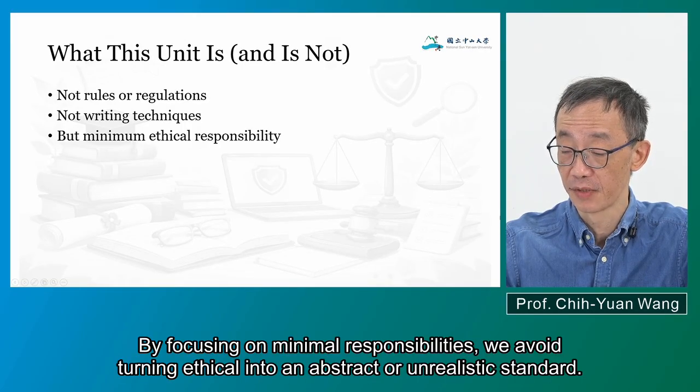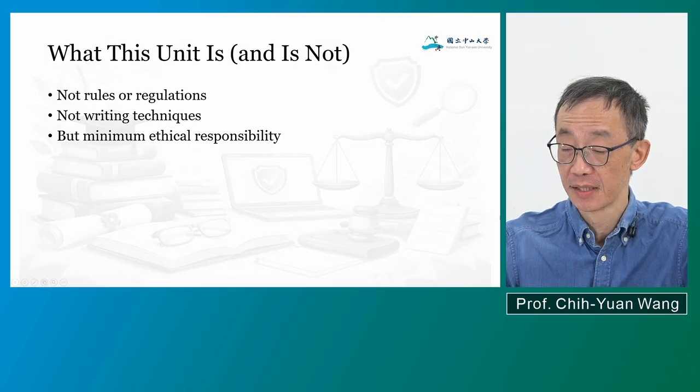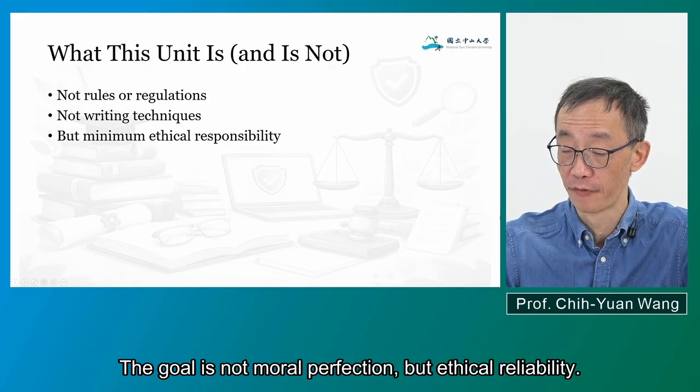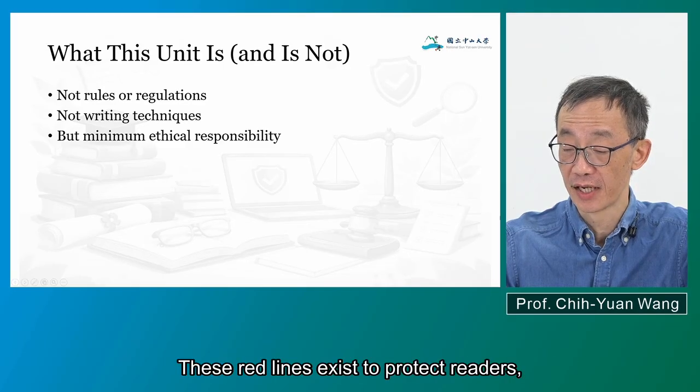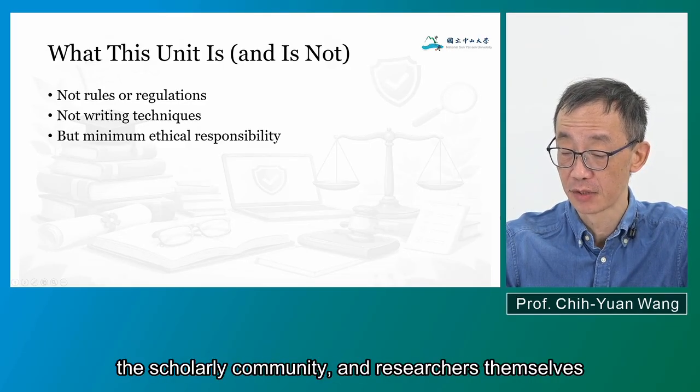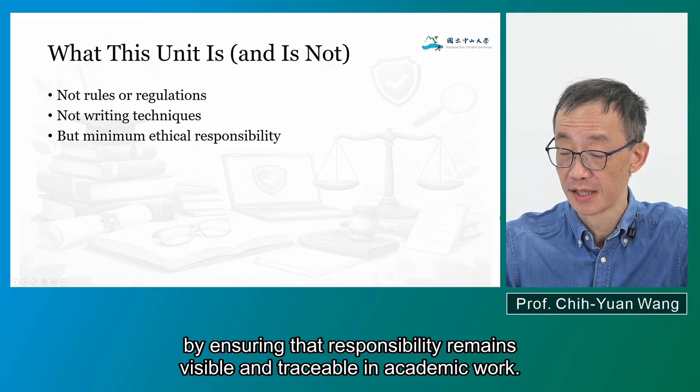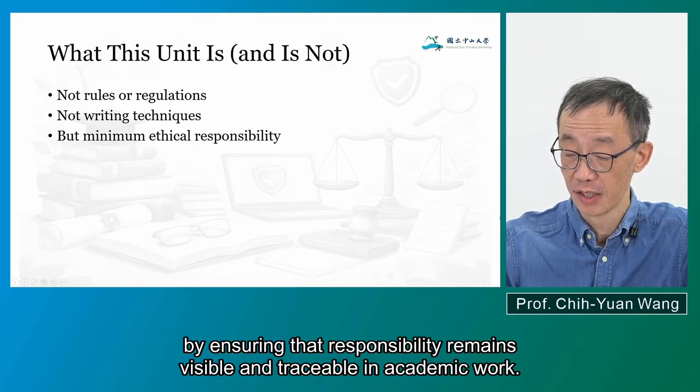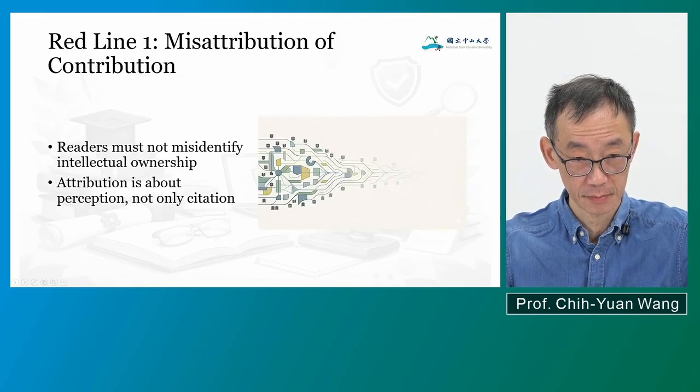By focusing on minimal responsibilities, we avoid turning ethics into an abstract or unrealistic standard. The goal is not moral perfection, but ethical reliability. These red lines exist to protect the readers, the scholarly community, and the researchers themselves by ensuring that responsibility remains visible and traceable in academic work.